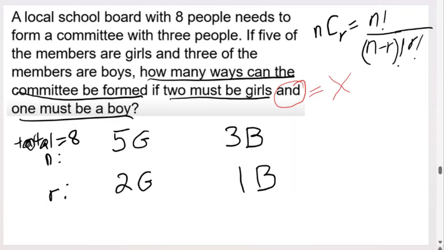So you are going to have a formula for the girls and a formula for the boys, using the combination formula, and you multiply them. If you come across a question with 'or', you are adding, but we are not going to go there today. Today we are going to be using 'and'.